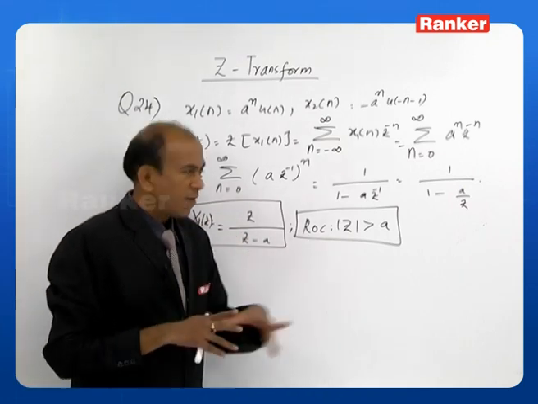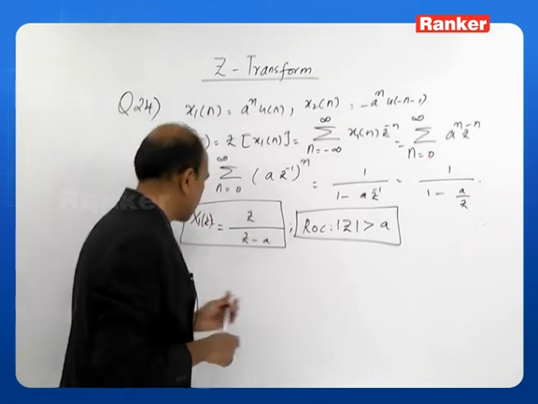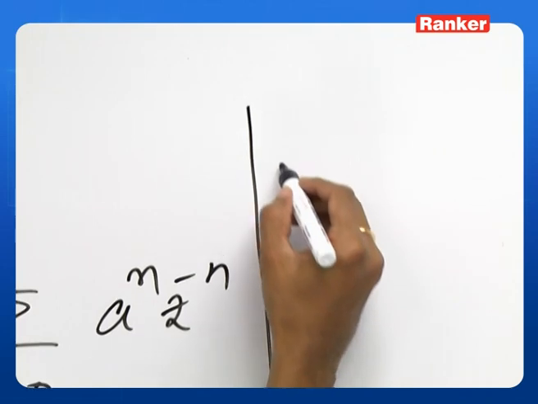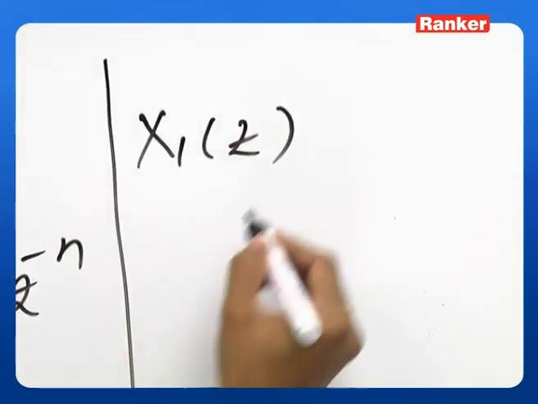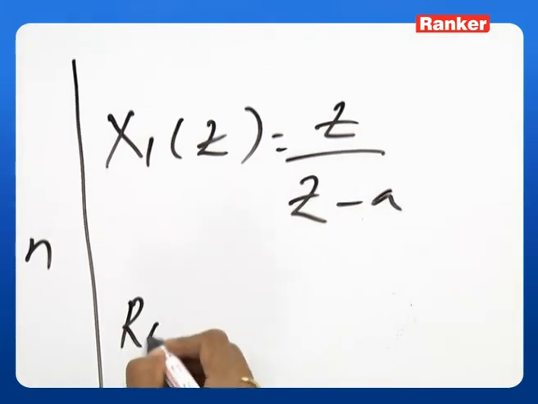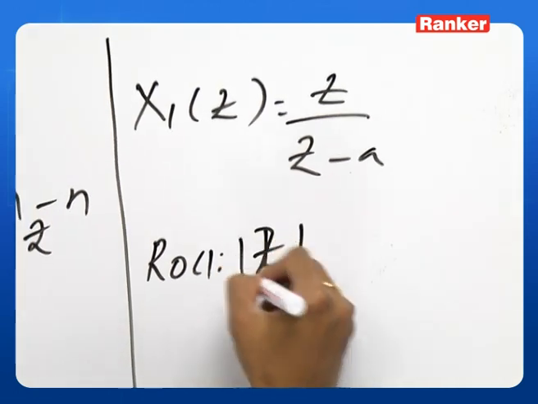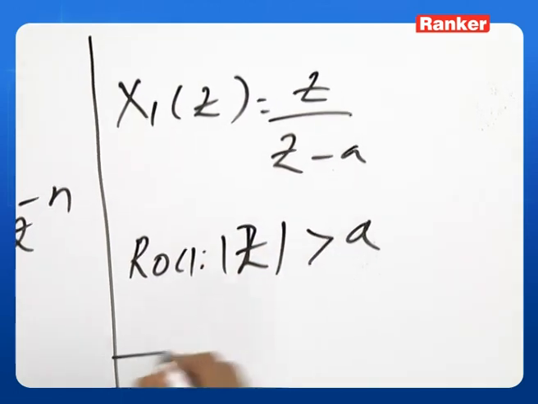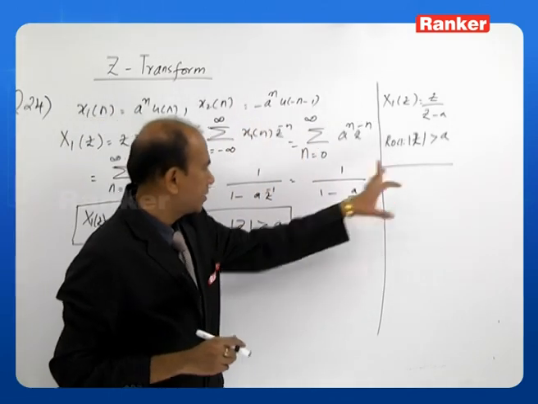Now we'll write this down so that we can compare with the other one. So x1 of z is equal to z by z minus a, and the ROC, we can call it ROC1, is mod z greater than mod a. So this is the first case. We'll keep that for our record so that we can compare. So this is what we got.